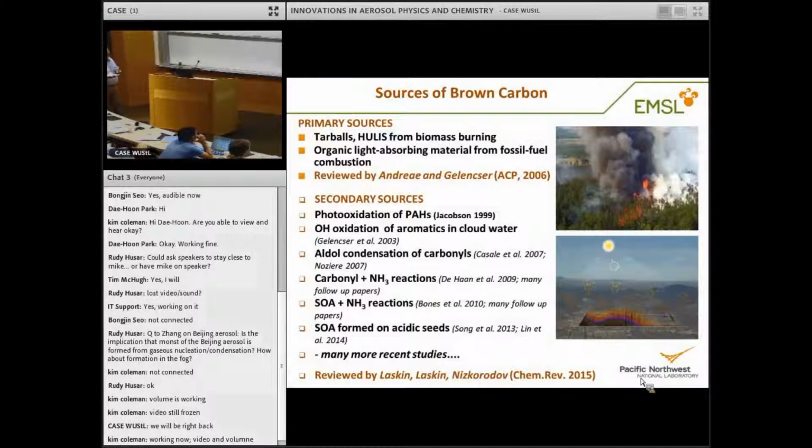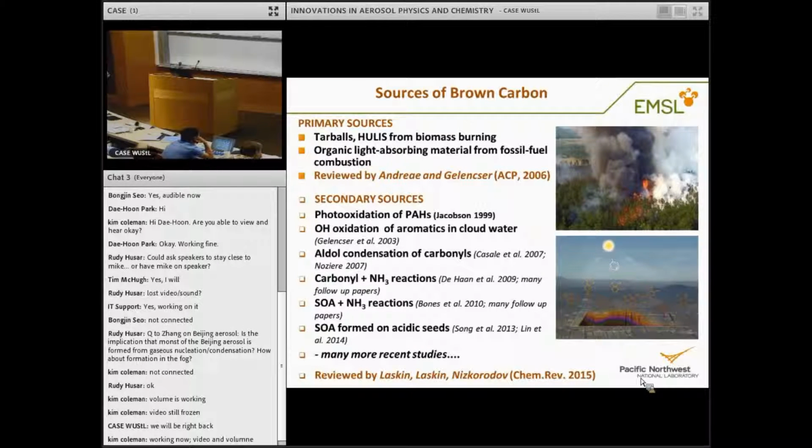And the examples are the photooxidation of PAHs, formation of nitrated aromatic molecules, oxidation of aromatics by OH in aqueous water, condensation of carbonyls, some reactions of the carbonyls and ammonia and amines. And the list of these studies is really growing as we speak.